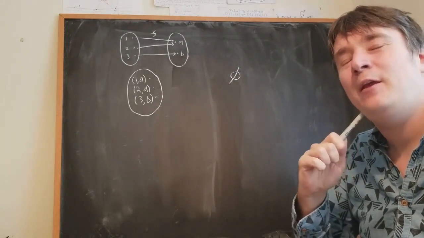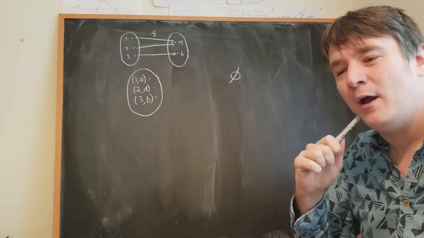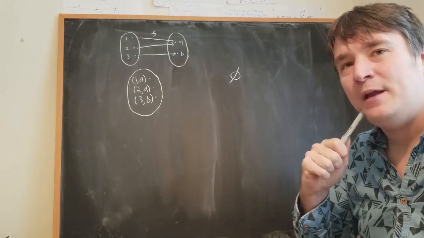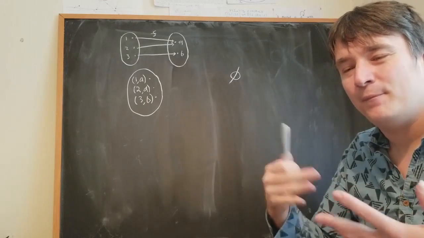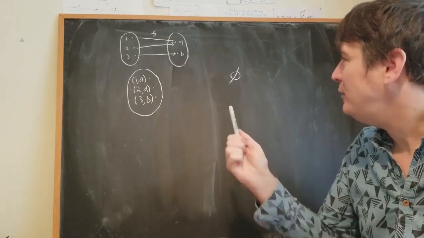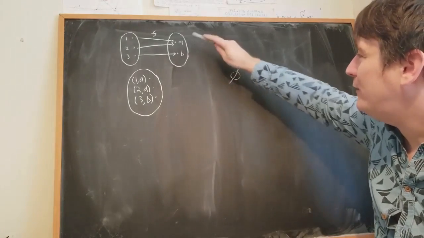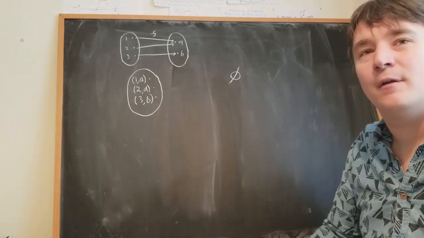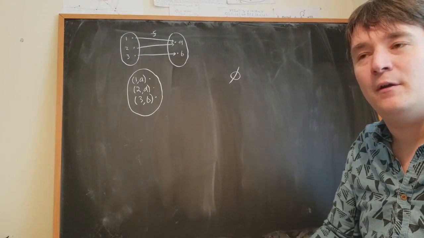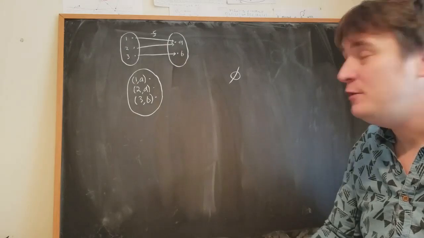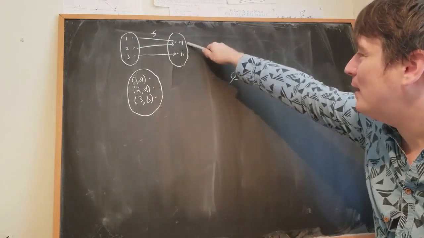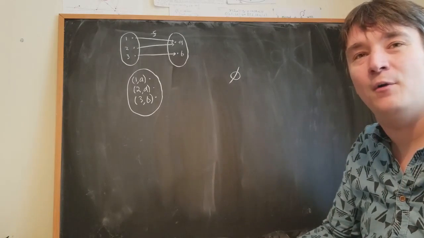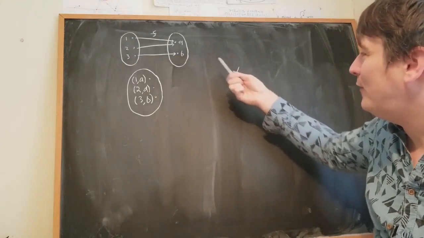Well, there are different views you can take on this. One is that this function would be a sort of bluff. I tell you that I have a function from the empty set to this set here with A and B, and you say, really? And I say, yeah, you give me an element of the empty set and I'll give you an element of this. And you can't give me an element of the empty set. So there is a function from the empty set to this one.